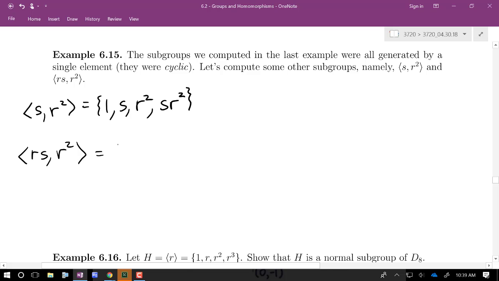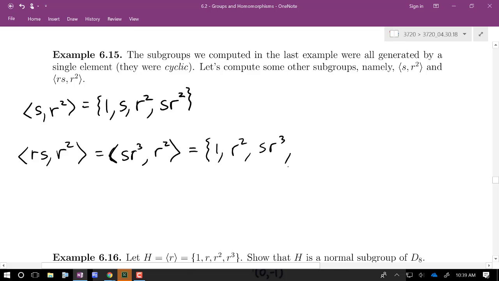So the first thing I'm going to do here is actually just rewrite that rs as sr cubed. Not that we have to, but we've been sort of adhering to the convention of writing the s's first. So I'm going to do that here. So what do we get in here? I mean, r squared is its own inverse, so we know we'll get the identity, the 1 element. We know that we'll have r squared and we'll have sr cubed.